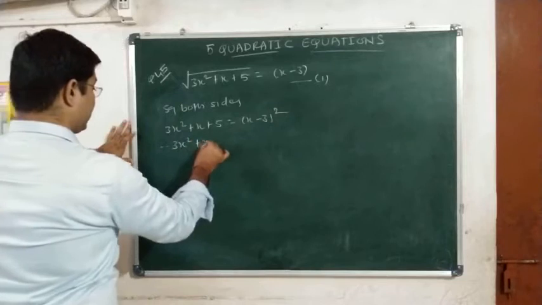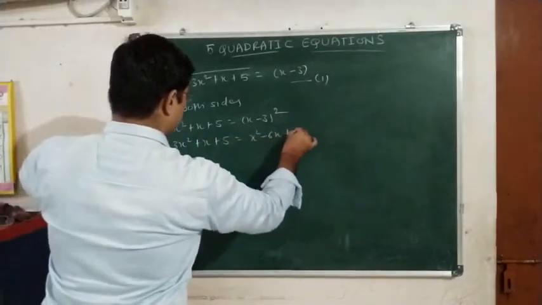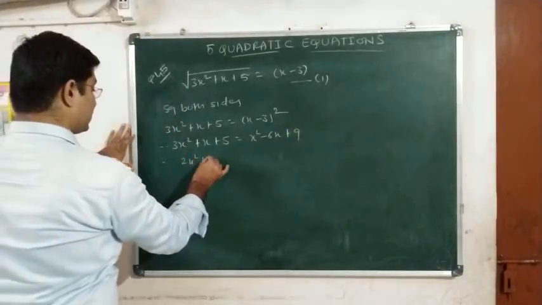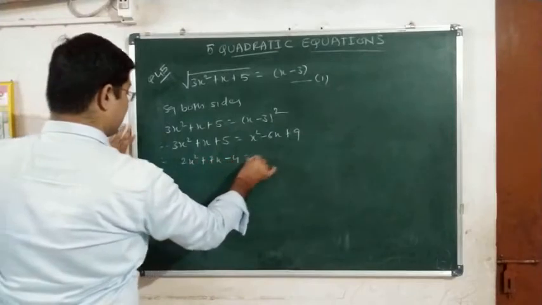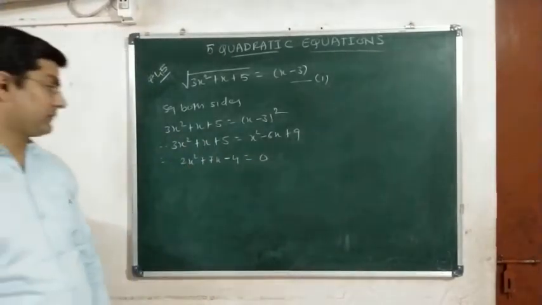Therefore 3x square plus x plus 5 is equal to x square minus 6x plus 9. Therefore 2x square plus 7x minus 4 is equal to 0, transposing the terms on the left side.